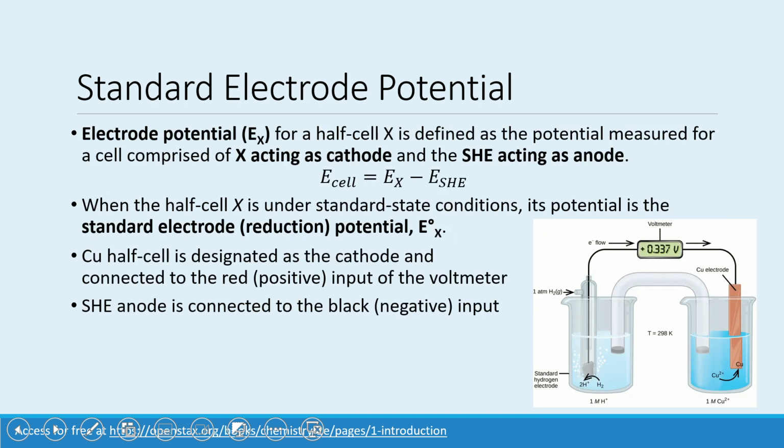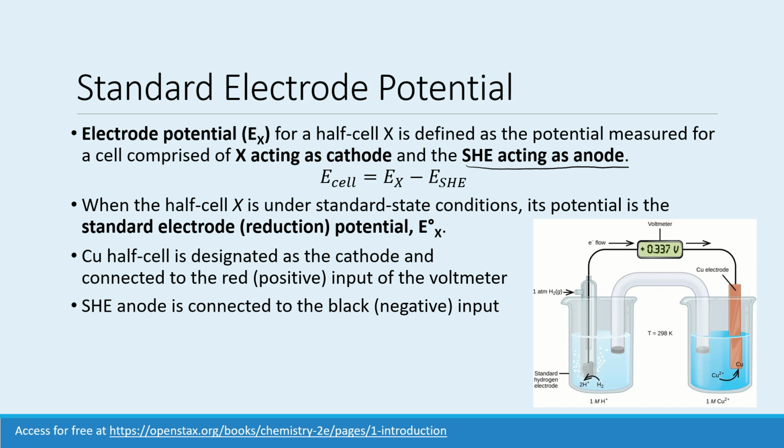And so we can use that as one of the beakers and then compare it to any of the other half cells that we want to. And so when we measure the electrode potential, remember that the SHE will always be acting as the anode, and then whatever your reaction of interest is, that's going to be the cathode.